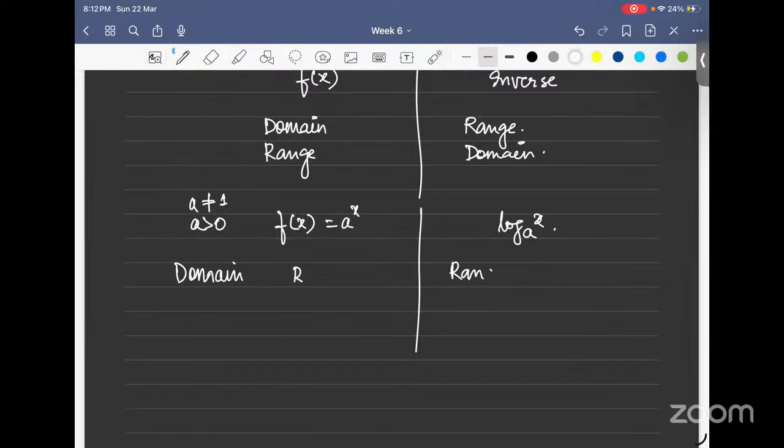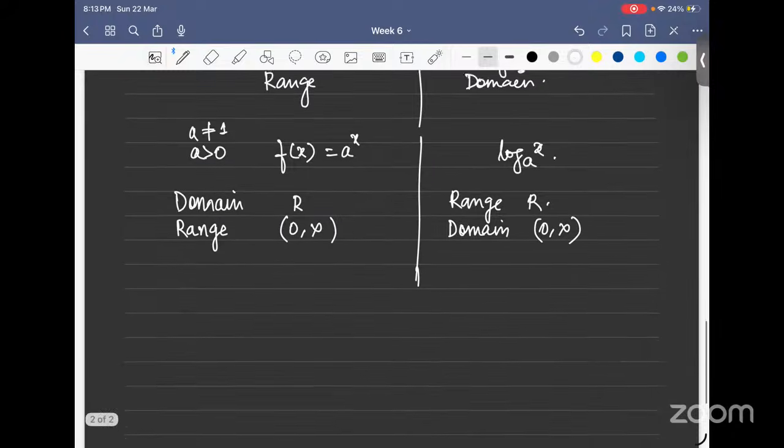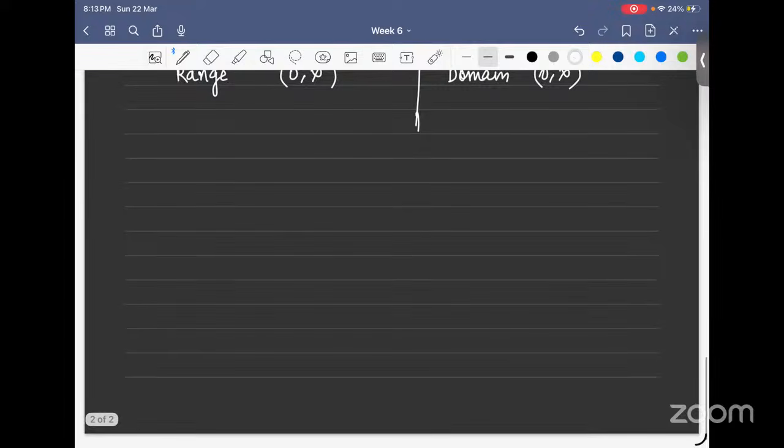Real. Correct. Now what is the range of the exponential function here? 0 to infinity. Should 0 be included or not? No, sir. So here the domain of the logarithm will become 0 to infinity. Correct. Now we can see that from the plot also. Let's plot it out.